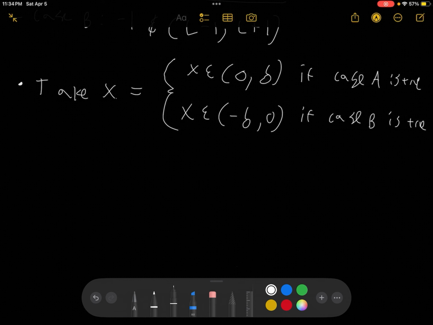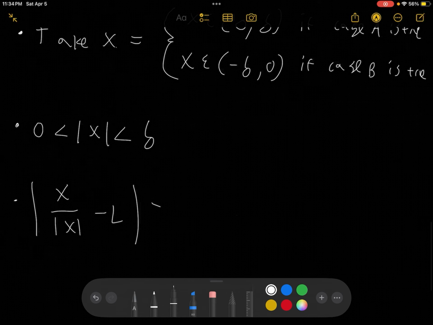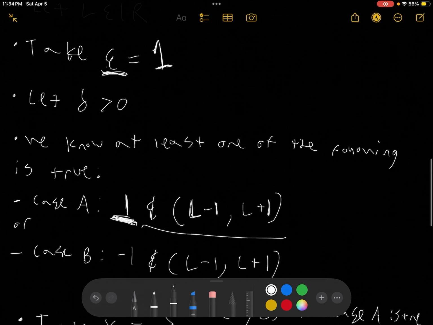Now there are two inequalities we need to satisfy. First, we need to show that the absolute value of x is between 0 and delta, and then we need to show that the absolute value of x divided by absolute value of x minus L is greater than 1 by our choice of epsilon.